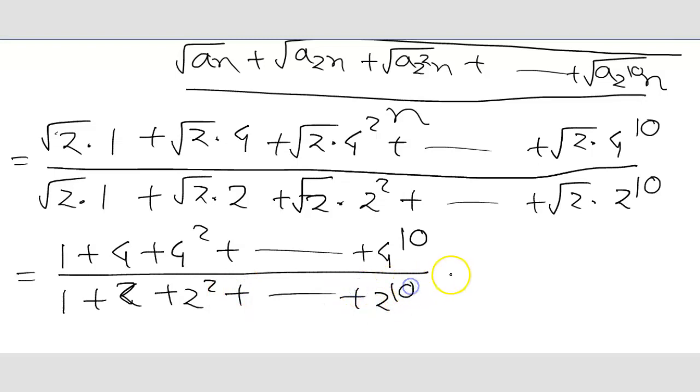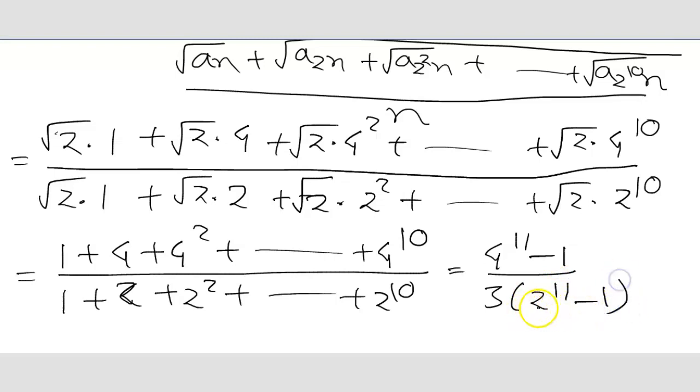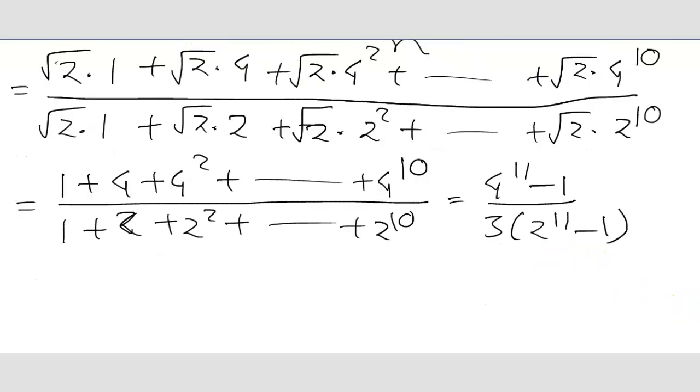So if you have to make a sum of these things, this whole thing sums up like 4 to the power 11 minus 1 divided by 4 minus 1, that is 3, and this whole thing sums up like 2 to the power 11 minus 1 divided by 2 minus 1, that is 1. So it doesn't matter. And now you can make some adjustments with this thing.